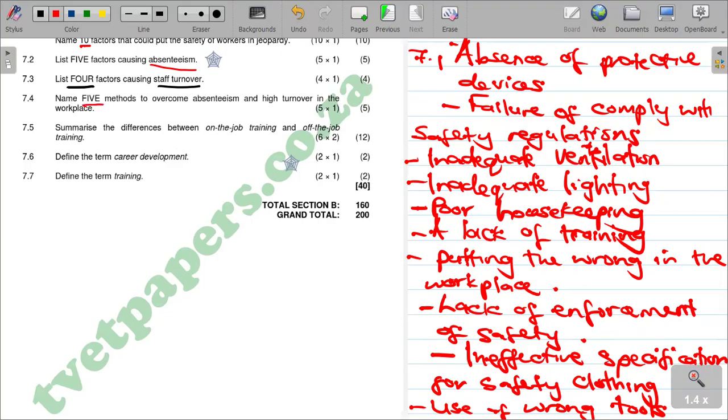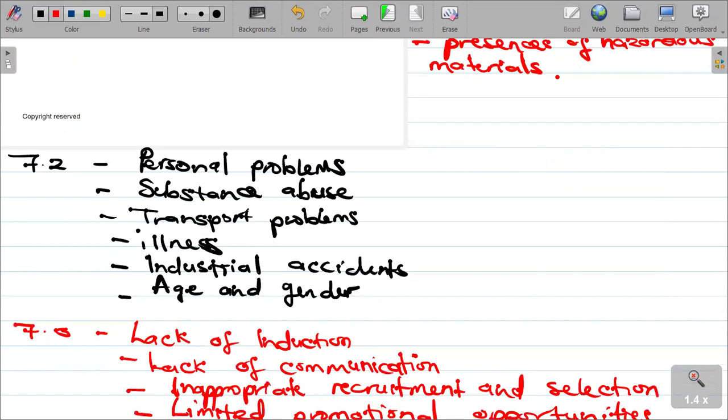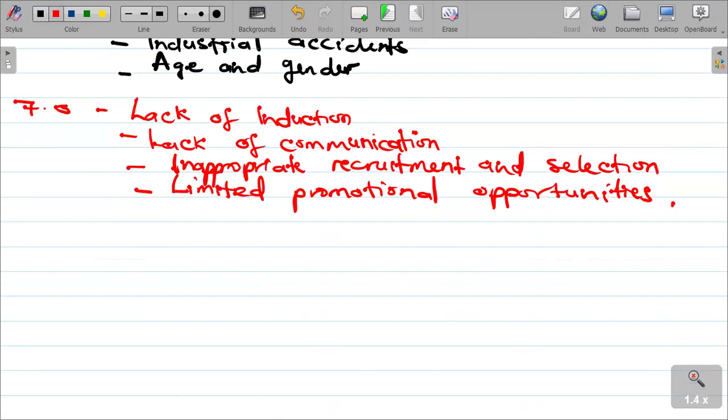Right. Let's go to 7.4. Name 5 methods to overcome absenteeism and high turnover in the workplace. You're supposed to list 5 of them. So one, they should analyze absenteeism data.